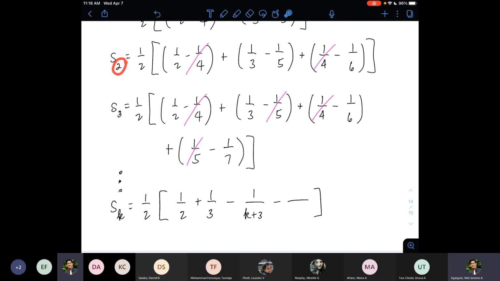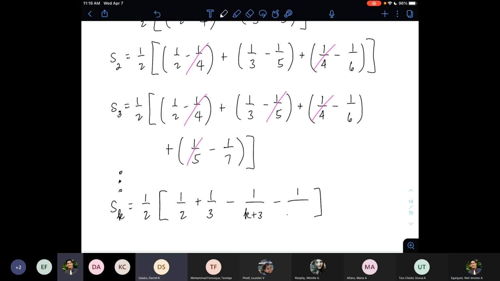Because when k is 2, what remained here is minus 1/5, and that fits. When k is equal to 3, what remained is minus 1/6. And so I'll get minus 1 over k plus 3, right? What do you think would be the last term?